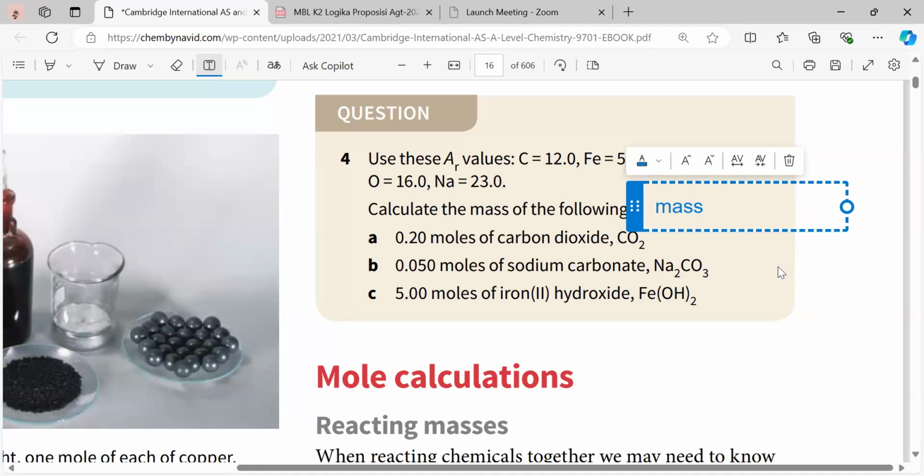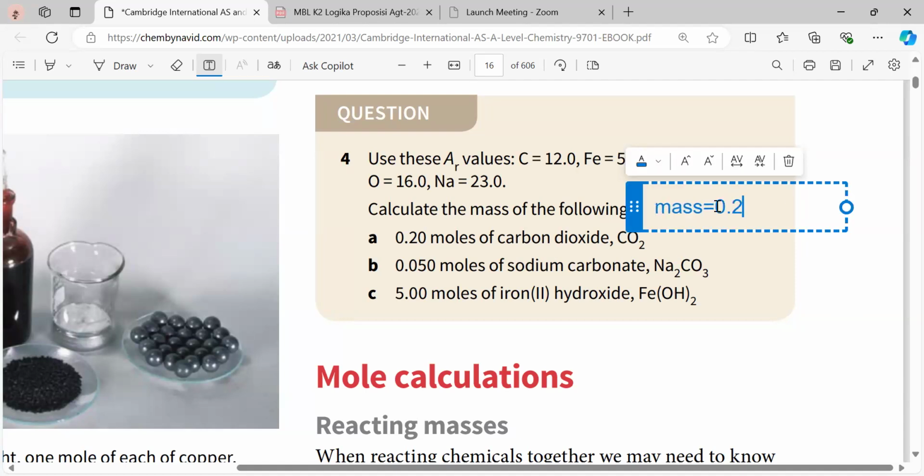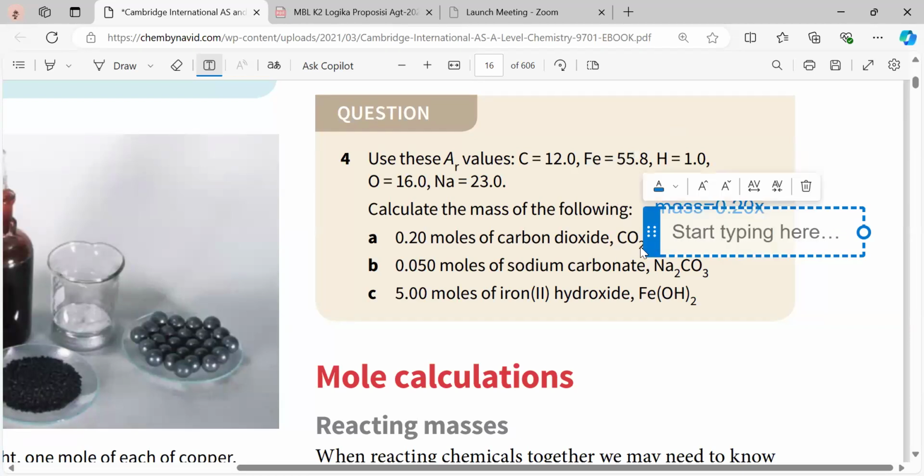We know that the mass would be the multiplication of Mr, the molar mass, and the number of moles. The number of moles here is already stated, which is 0.20. And now we have to multiply that by the Mr of this CO2.